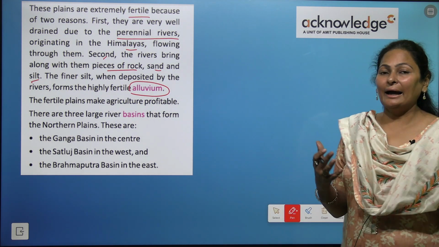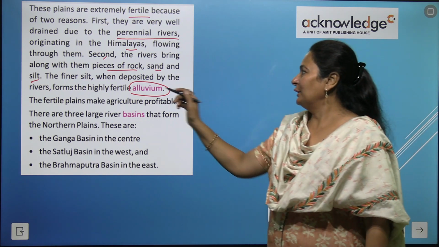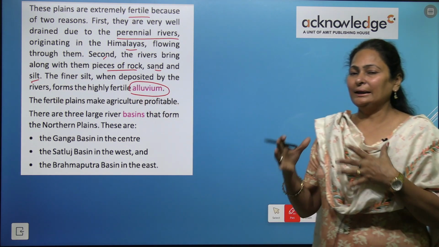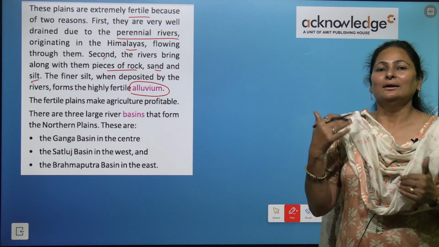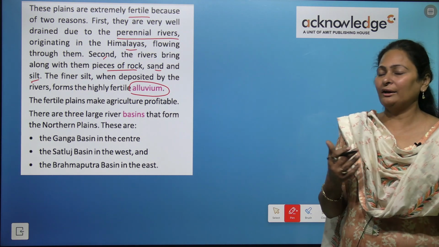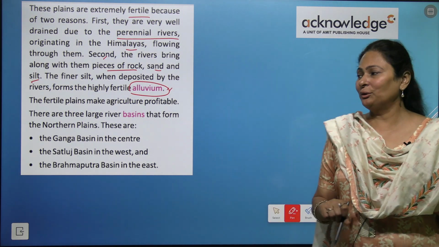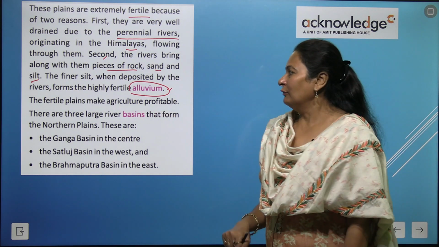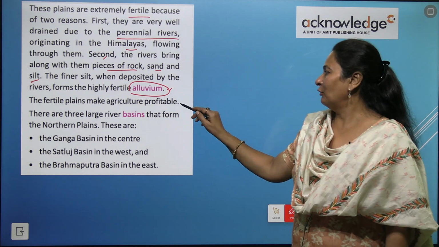Rock, sand and silt are deposited together. When these are deposited and mixed with the soil, it makes the soil very fertile, or we can say this soil is rich in alluvium. The fertile plains make agriculture profitable.